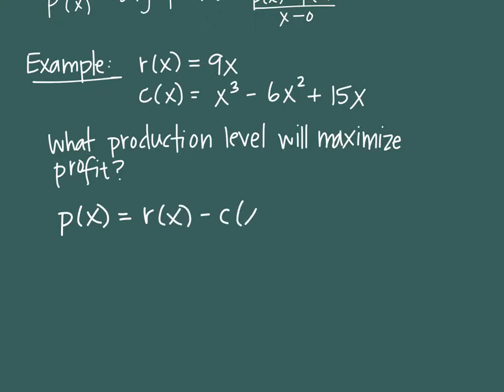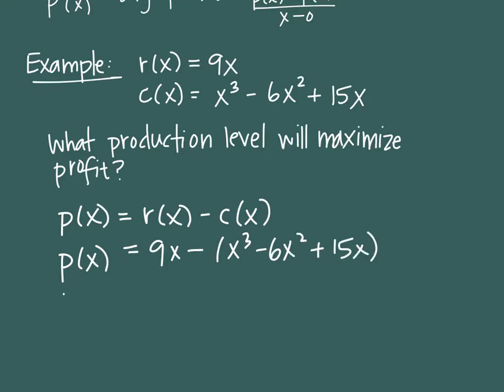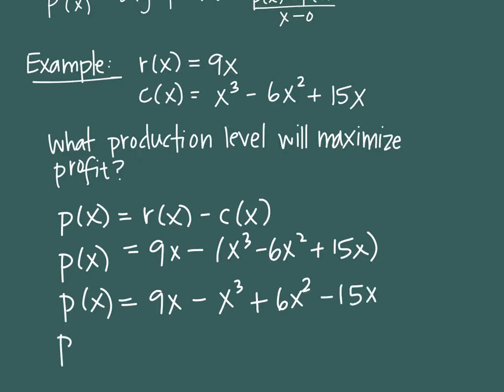This will be 9x minus the quantity x cubed minus 6x squared plus 15x. When we subtract, you need to make sure that you distribute that negative. So 9x minus x cubed plus 6x squared minus 15x. So our overall profit equation is a negative cubic function: negative x cubed plus 6x squared minus 6x.